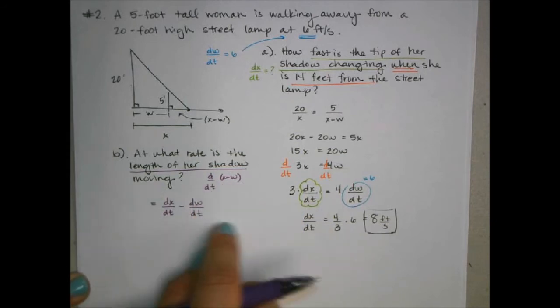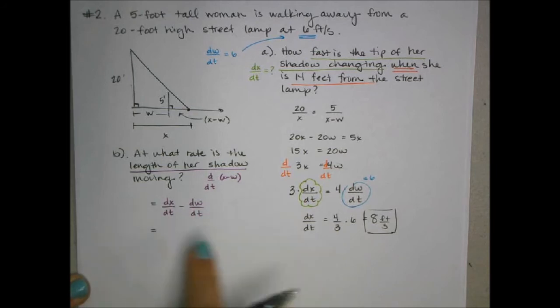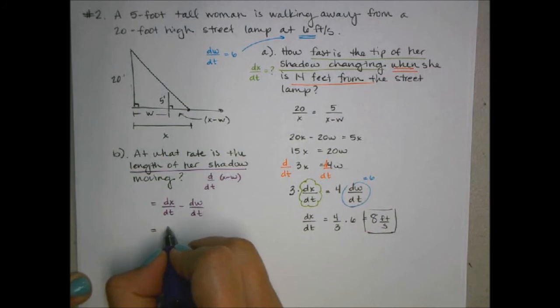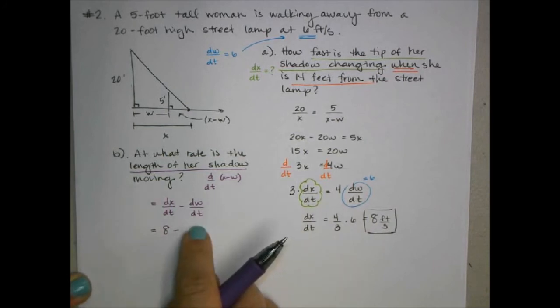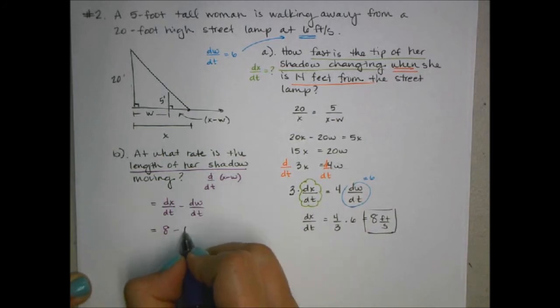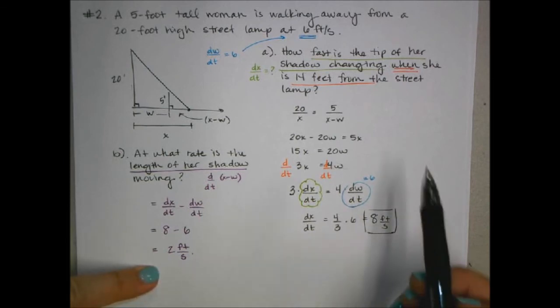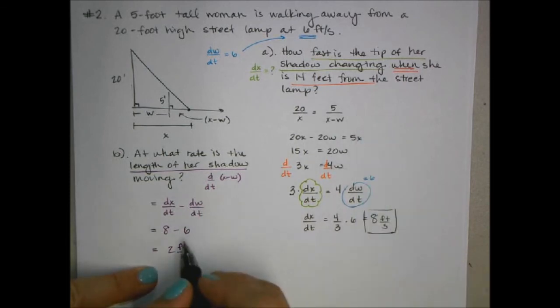So just dx/dt minus dw/dt. dx/dt is what we just found in part A of the problem, which was 8. dw/dt was given to us as 6. So this comes out to 2 feet per second. And again, this wasn't based on how far away she was from the street lamp, so that number didn't matter.